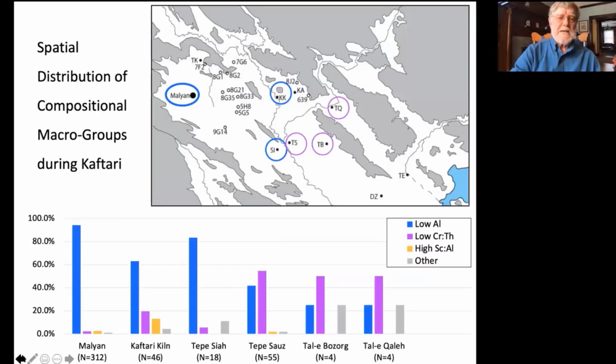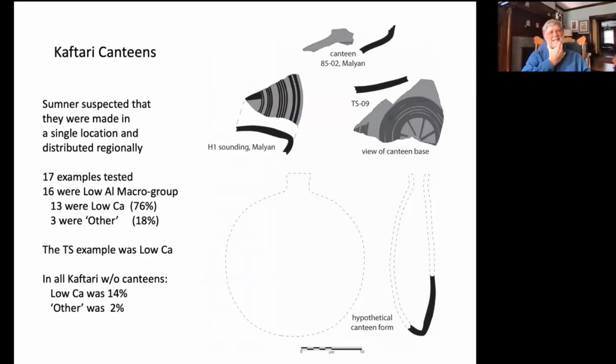These are the macro groups, and the blue bars are the low aluminum. So the Kaftari canteens are coming from low aluminum sources, which are Malian, the Kaftari kiln, or Tepe Sia. In the Kaftari, 13 of those low aluminum sherds were low calcium subgroup.